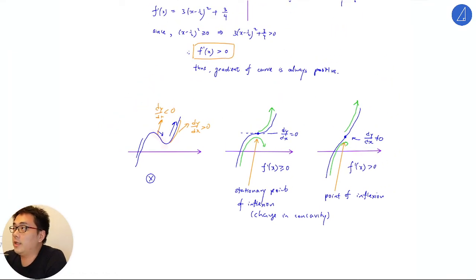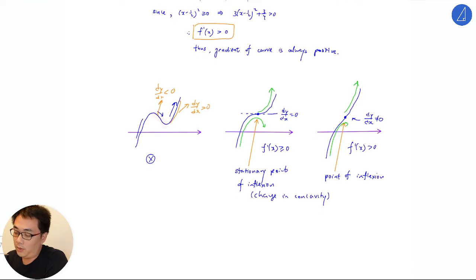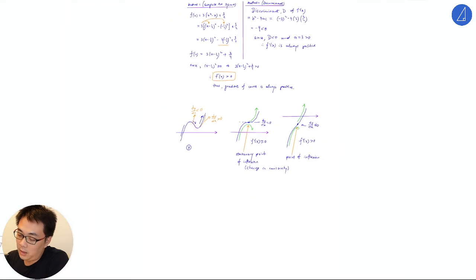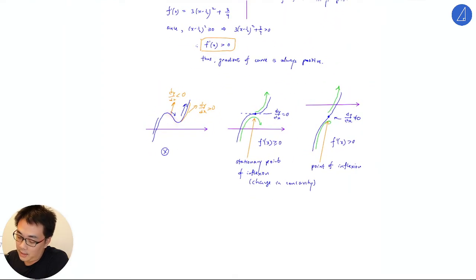Okay, so the question is asking, using this concept, always positive, how come it only has one real root? It's very clear. Because if the shape of the graph is like that, no matter where you draw your x-axis, you only cut the horizontal line once. Whereas for this one here, you also cut it once.